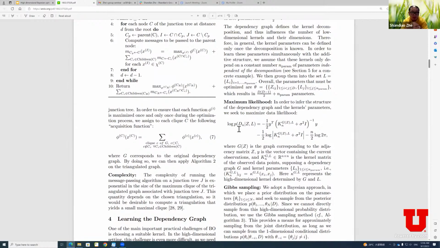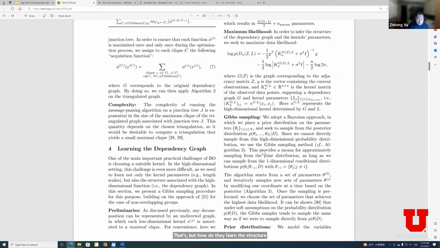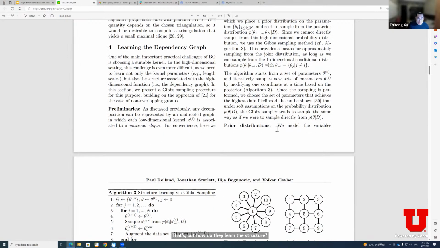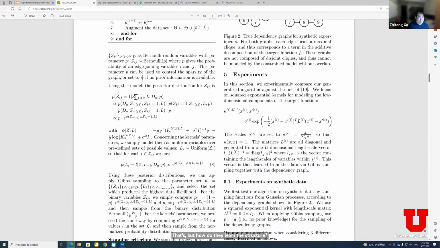That's okay. But how do they learn the structure? They place a prior and use Gibbs sampling. They define the probability of this being equal to 1, which means there is an edge. Zij means the edge from node i to node j.